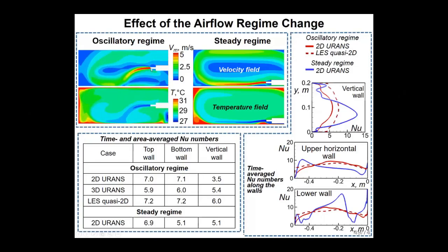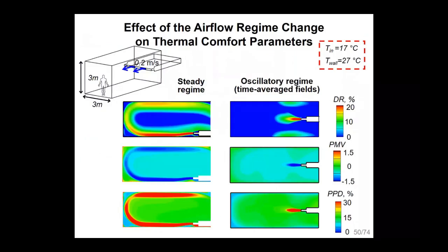The unsteady flow regime with the global unsteadiness, these are two-dimensional RANS data. And here is the steady state flow regime with the global circulation, and it is obtained with the RANS data. And the Nusselt number distributions differ much. This unsteady flow regime results in a more uniform Nusselt number distribution that could be important for cooling problems.